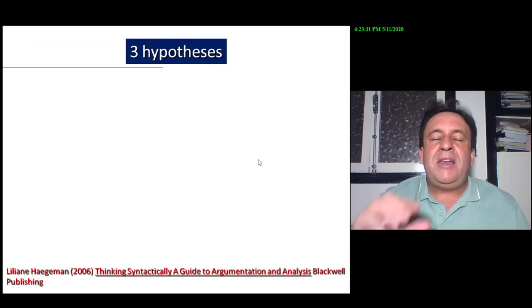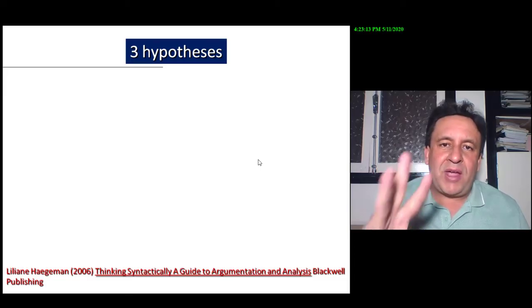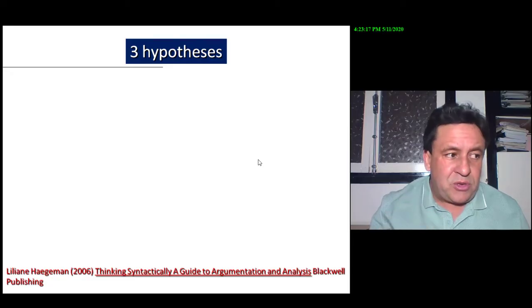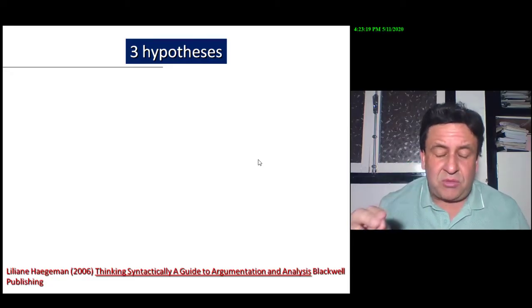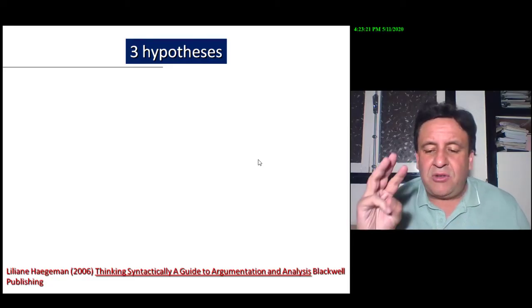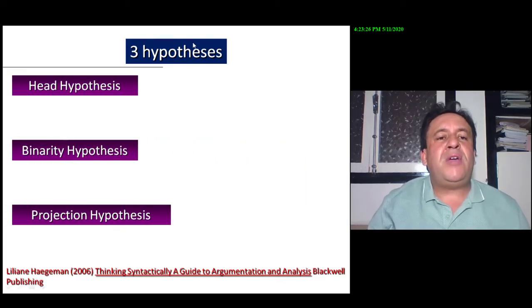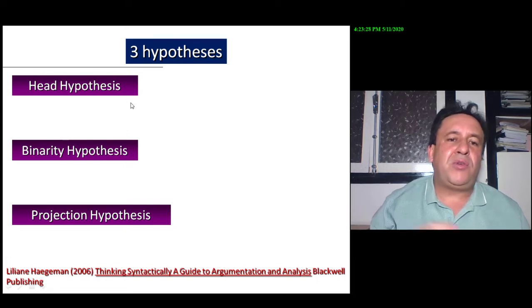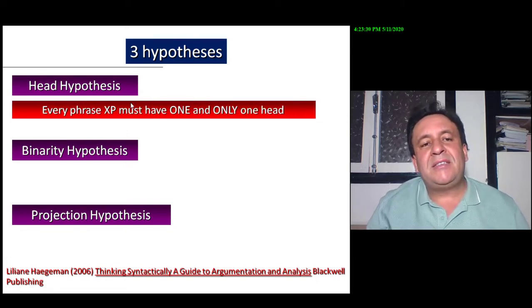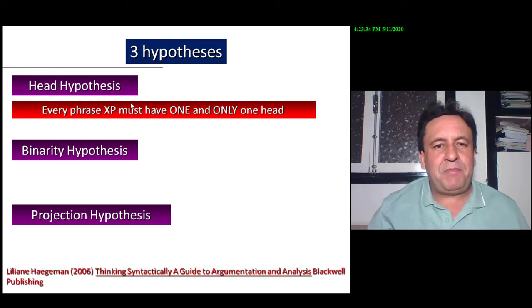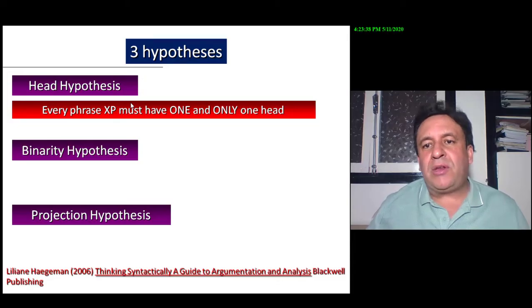Okay. Now, this X bar theory is based on 3 hypotheses. Notice, ladies and gentlemen, that we will be using all the concepts that we have been studying so far. So the 3 hypotheses are the following. The first hypothesis is called the head hypothesis, or the head requirement. The head hypothesis is that every phrase, XP, VP, NP, every phrase must have one and only one head.